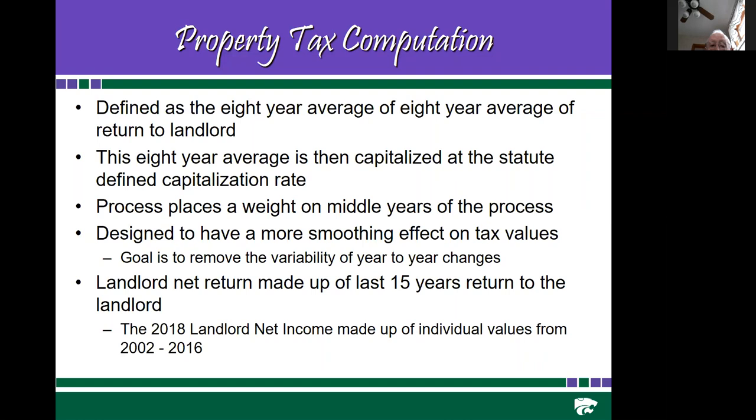If you're in a local government or a school district, you don't want agricultural land values bouncing up and down with the normal variability in crop yields that we experience in Kansas, simply because that makes it difficult to plan for future years. And so that's why this 8-year average was adopted, just to remove that variability from year to year.